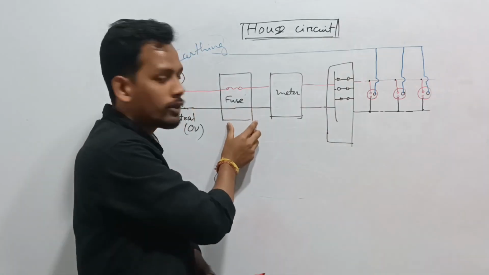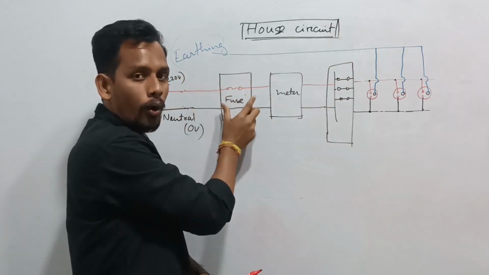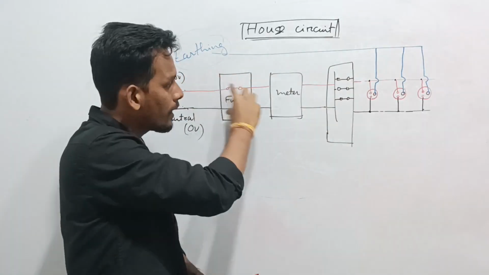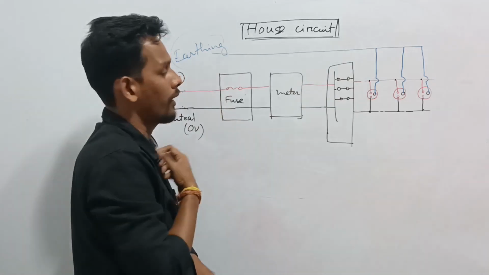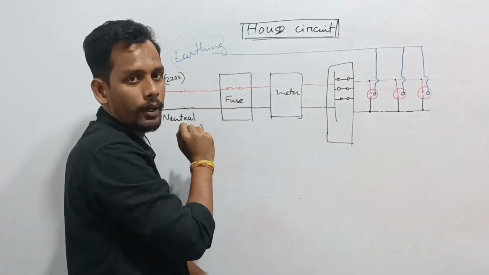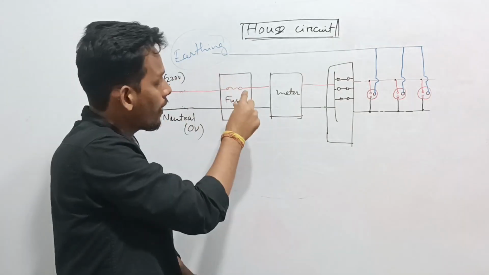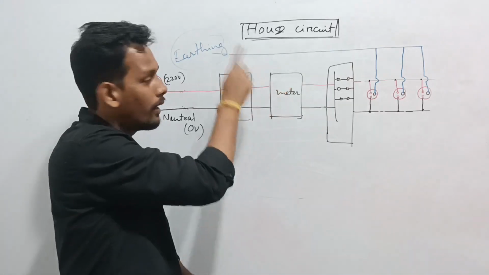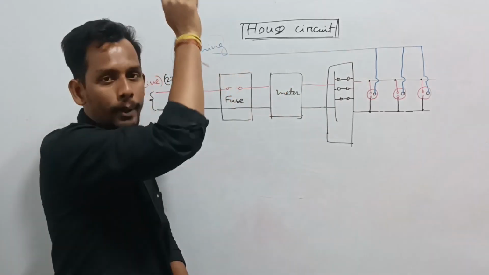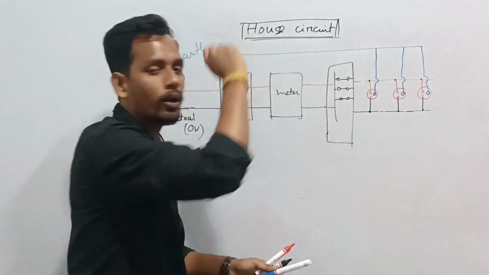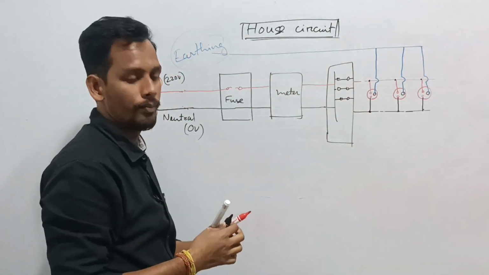What is the function of the fuse? The fuse only allows a limited amount of current to enter your circuit, not an excessive amount. If for any reason an excessive amount of current wants to enter your circuit, in that case the fuse wire breaks itself and your whole connection will shut down.